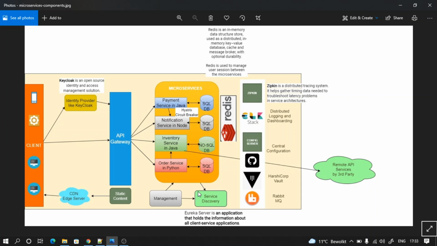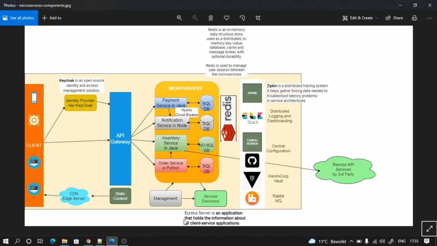Even if the notification service scales up due to high load or high traffic, its URL is not going to hamper the payment service, because the payment service talks to the service discovery for the particular URL that the service discovery has given to the notification service. In this way, we can get rid of the issue we were talking about.